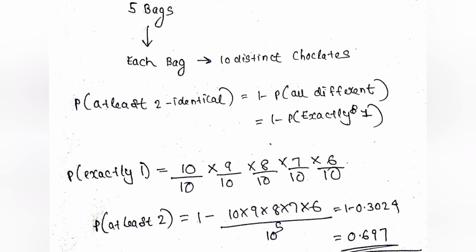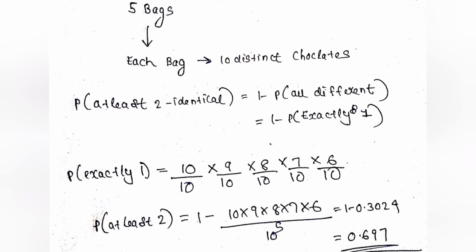I cannot say at least 1 is identical, because that is not a comparison that makes sense; there should be a minimum of 2. So it's easy to find the probability that all are different.